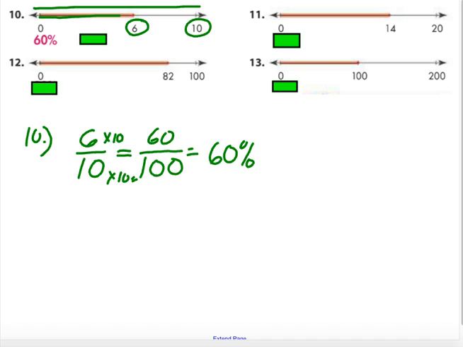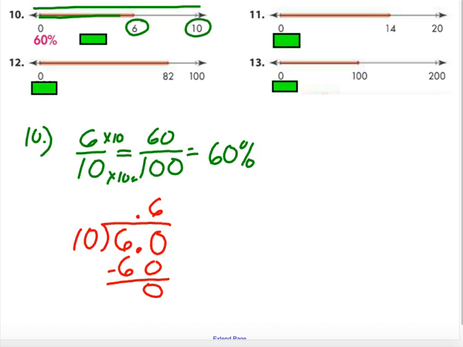And again, if you did it using division and you treated it as a division expression, okay, you would put in your decimal point, annex a 0. 10 into 60 will go a total of 6 times, okay? 10 into 60. 6 times 10 is 60. It terminates and you end up with 0.